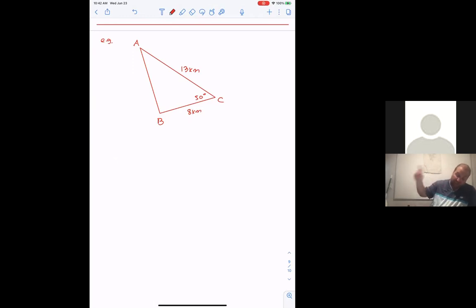So because I have angle C, I'm going to solve for side C, this one right here. Of course, they don't want side C. They want the angle. They want A hat and B hat.